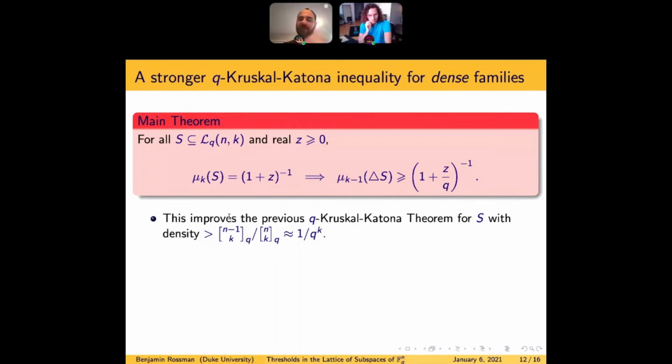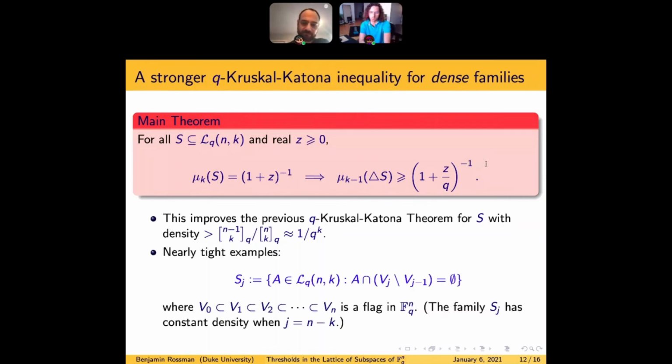For any family of k-dimensional subspaces and any non-negative real number z, if the k-subspace density is 1 over 1 plus z, then the k minus 1 density of the shadow is at least 1 plus z over q inverse. Moreover, there are some nearly tight examples: particular families you can construct, even with constant density, for which this is nearly tight.